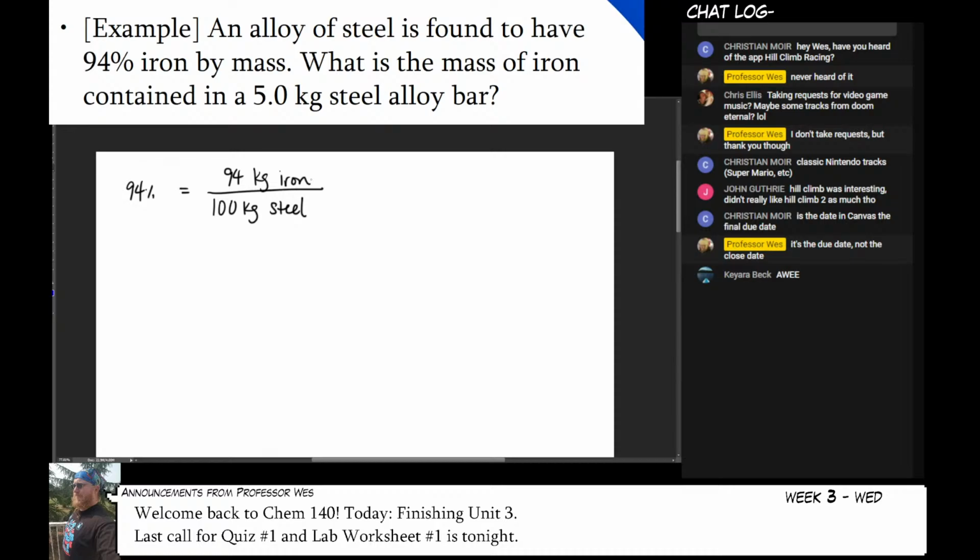And I don't have to pick kilograms. I could pick grams or whatever. But I did pick kilograms because that's the units of the bar. And so now what I can do is I can say, well, in a 5 kg steel bar, I can then just use my percentage as a conversion.